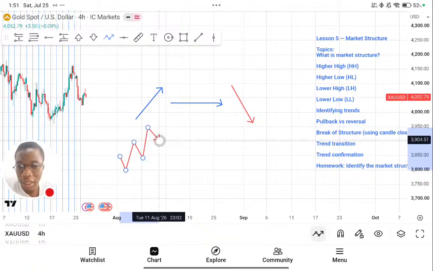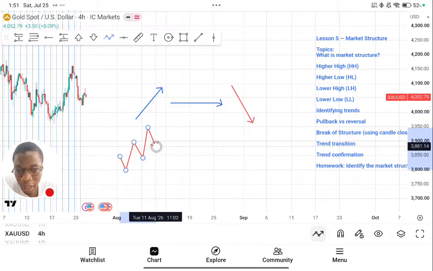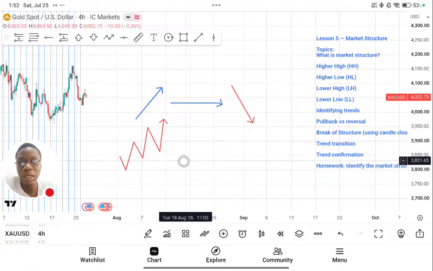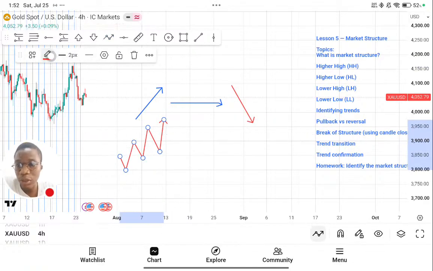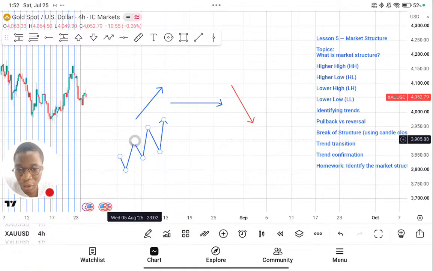So next, we are going to be seeing the push down here as a pullback. Then it doesn't take out this low, and makes a new high. Then in this case, we are in an uptrend. That's how you identify an uptrend, where the market is making new highs but it's respecting the low.